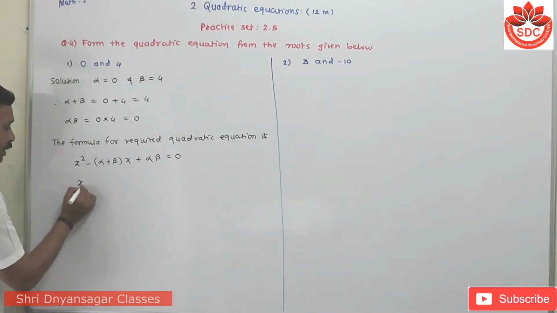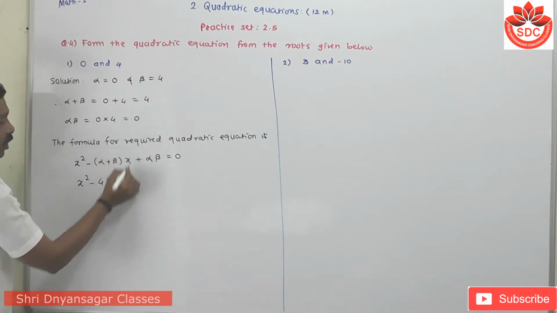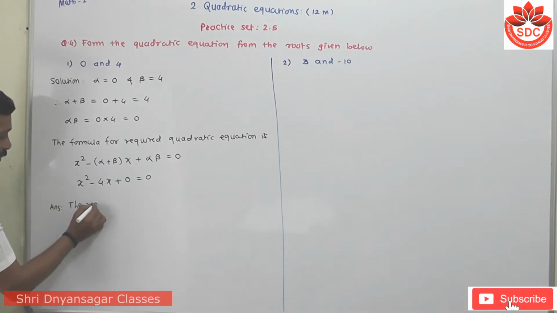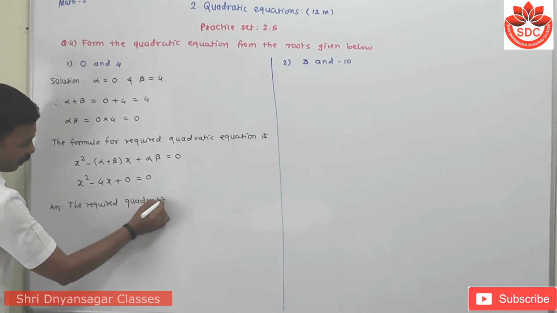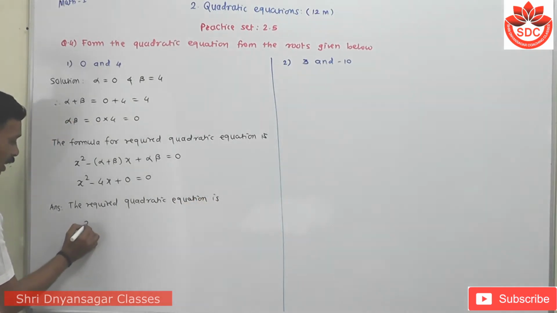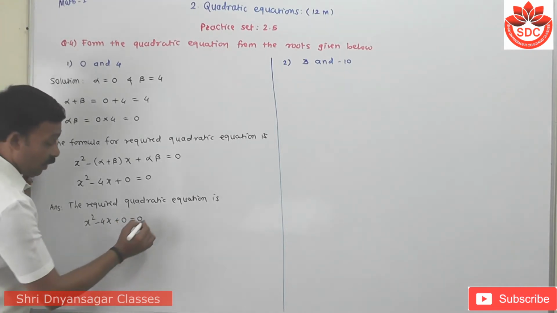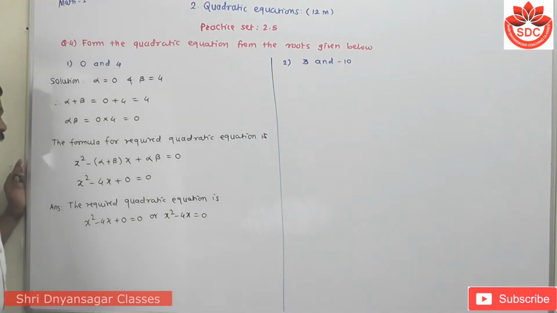Substitute the values here: x square minus 4 into x plus 0 equals 0 is our required quadratic equation. Write the answer in a full sentence. Answer: the required quadratic equation is x square minus 4x plus 0 equals 0, or we can also write x square minus 4x equals 0.